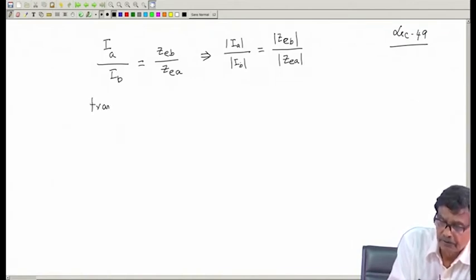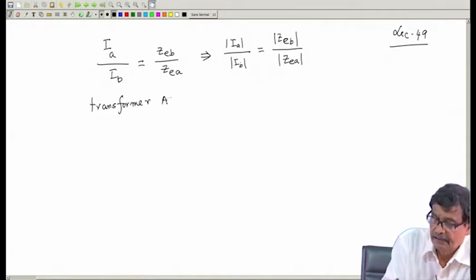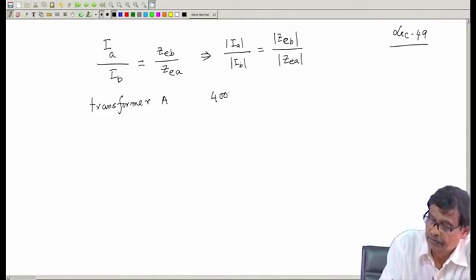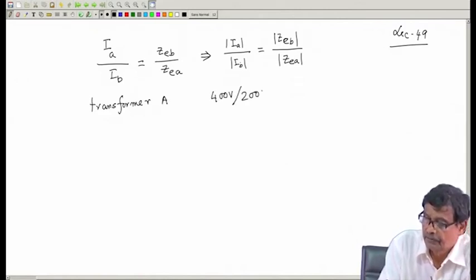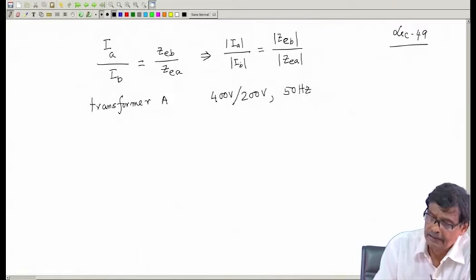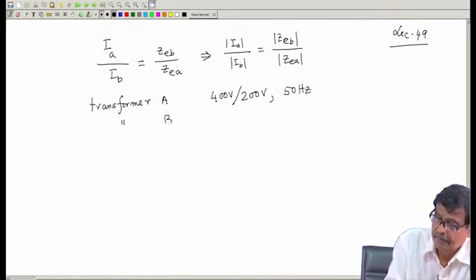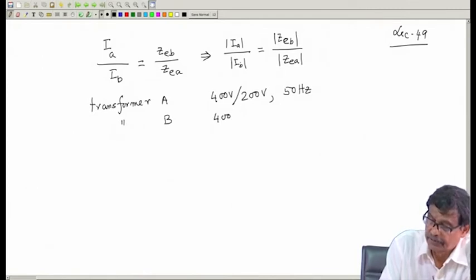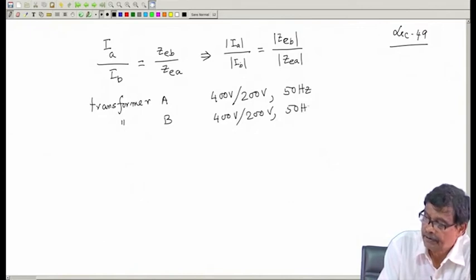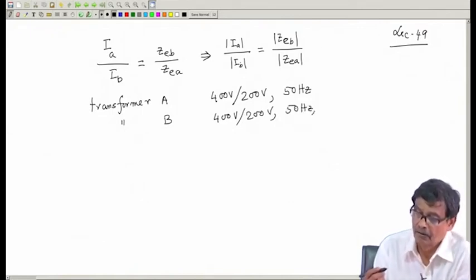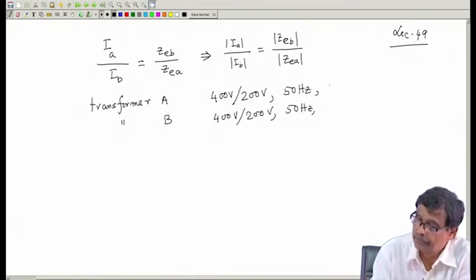Transformer A is of rating 400 volt by 200 volt, 50 hertz, and transformer B has the same voltage rating, 400 volt by 200 volt, 50 hertz. The kVA rating of transformer A is suppose 4 kVA and transformer B is suppose 2 kVA.